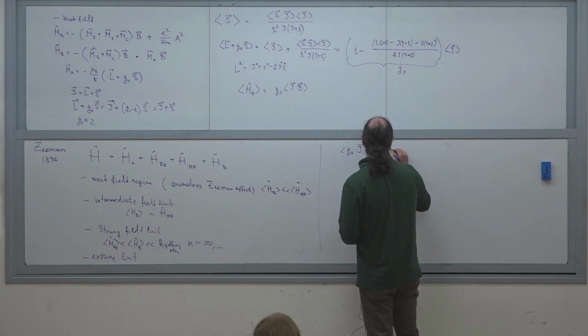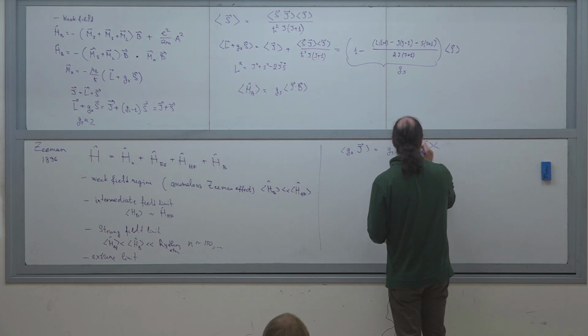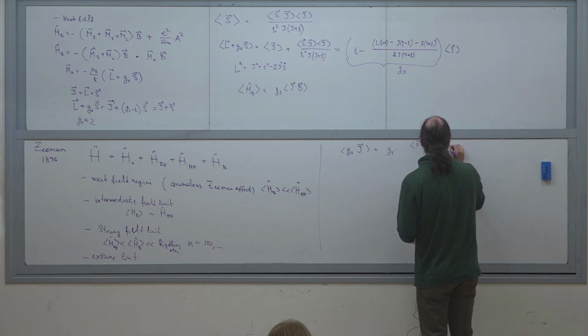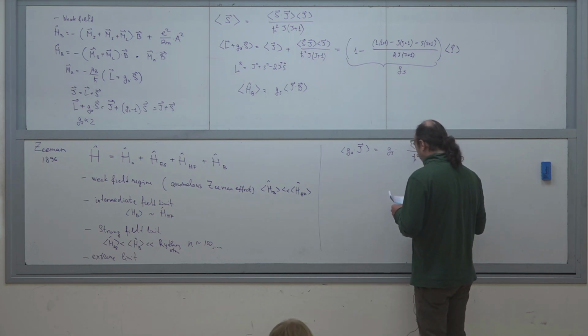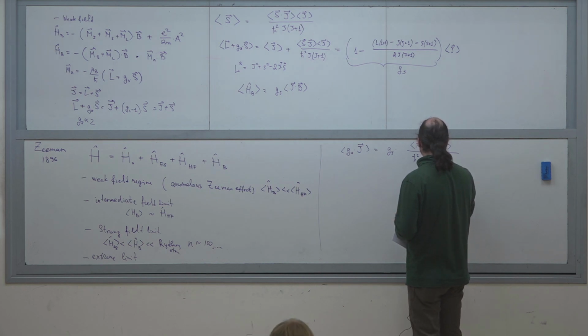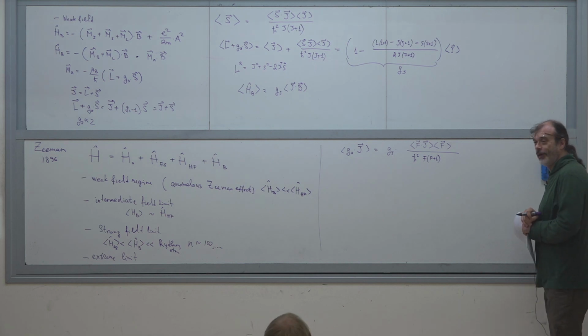This will be equal to gj multiplied by f multiplied by j, mean value of f, right? Divided by h bar squared f plus 1. Okay, so we use again this theorem, right?